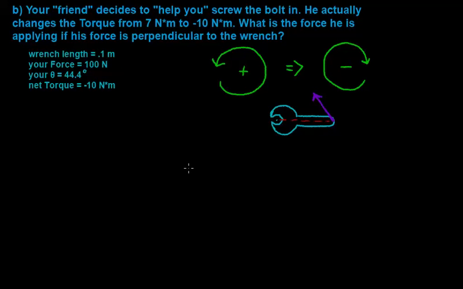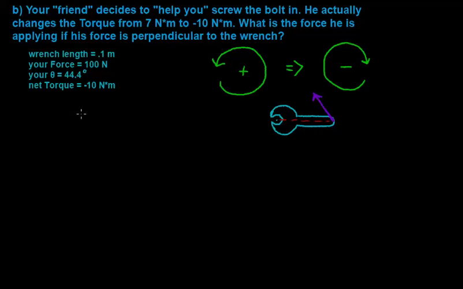So if our torque used to be a positive 7 Newton meters, then our friend has to be applying some amount of negative torque in order to change the net torque to negative 10.